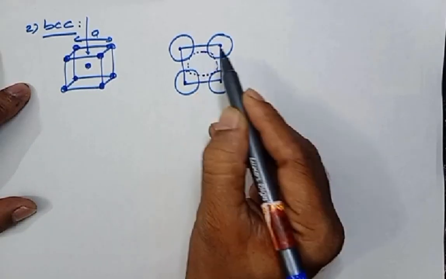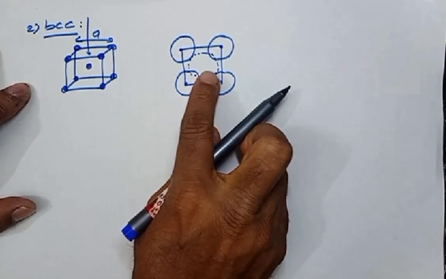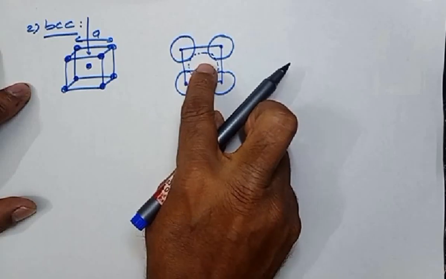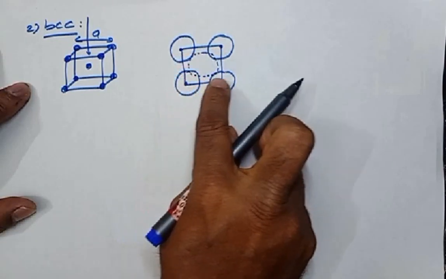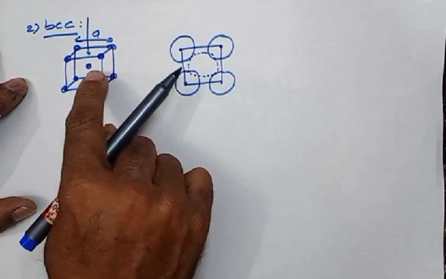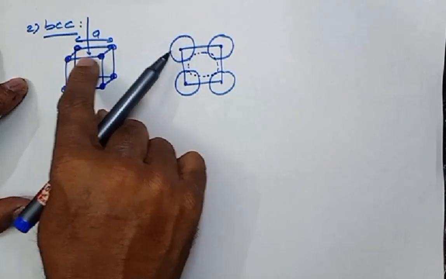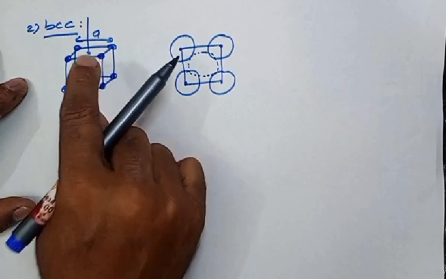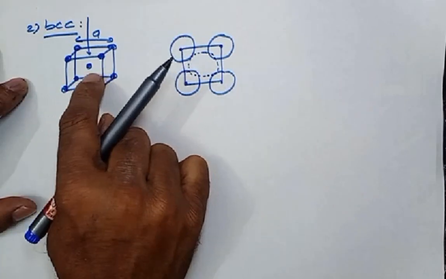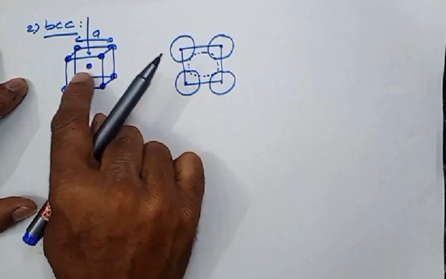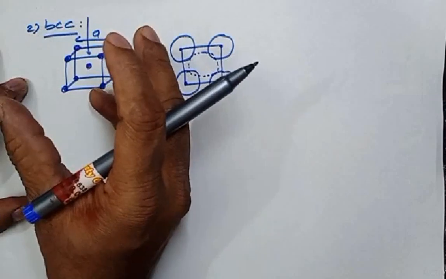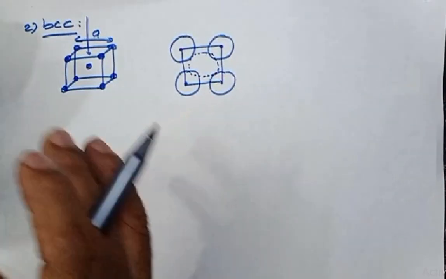That atom, which is below these four, is touching these four atoms. The middle atom touches these four corner atoms. Also, this atom touches the bottom four corner atoms. So the body center atom touches the surface of all the corner atoms.